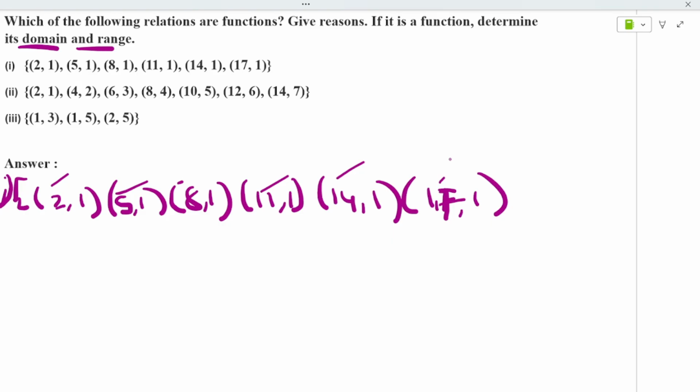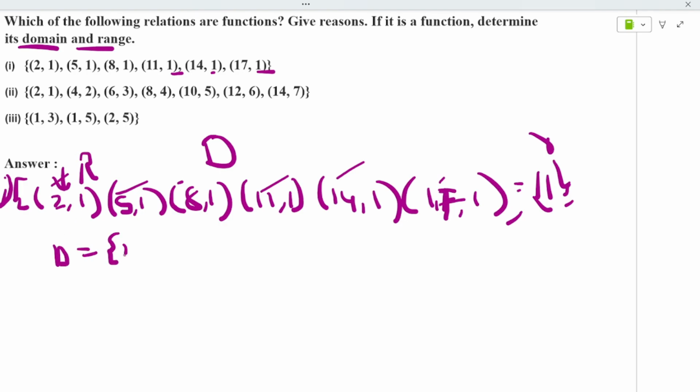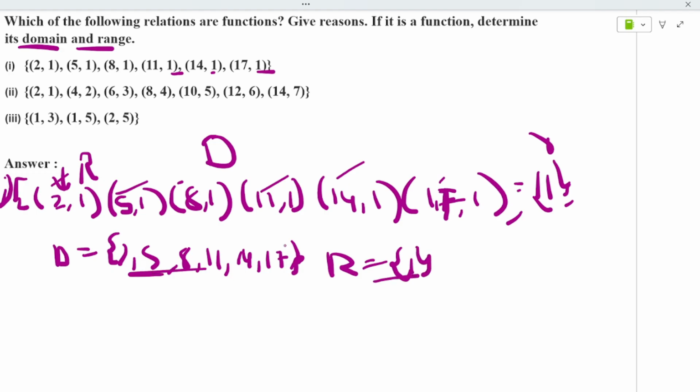They have unique images, in the sense that each element has one image. The domain is the first element and the range is the second element. So we can say that it is a function with domain {2, 5, 8, 11, 14, 17} and range {1}.